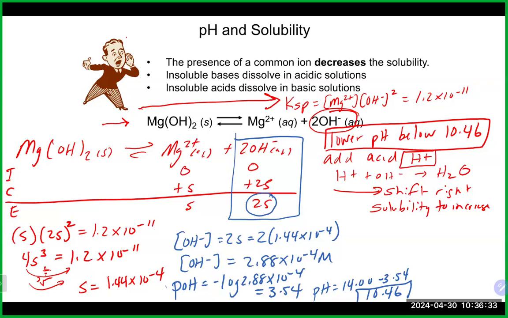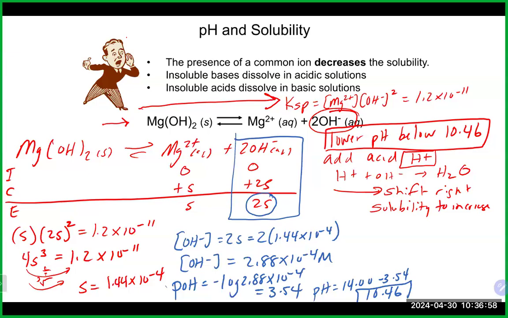By the way, would I need to get it to be an acidic pH to see that happen? No, I would just need to get it lower than what pH? 10.46, which is why knowing that number is important because frankly, you just need to drop it below 10.46 and you will start to see the solids start to dissolve more. Still basic.